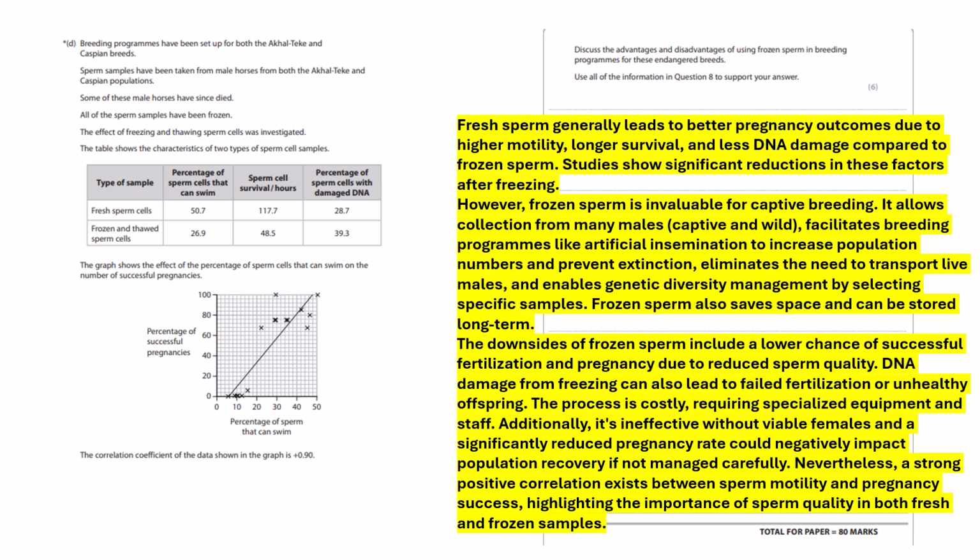Additionally, it's ineffective without viable females, and a significantly reduced pregnancy rate could negatively impact population recovery if not managed carefully. Nevertheless, a strong positive correlation exists between sperm motility and pregnancy success, highlighting the importance of sperm quality in both fresh and frozen samples.